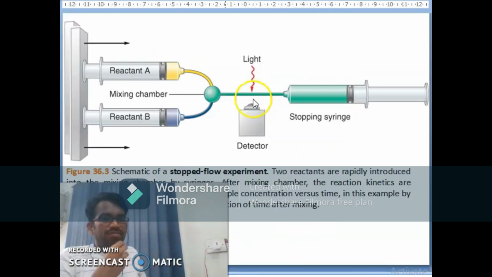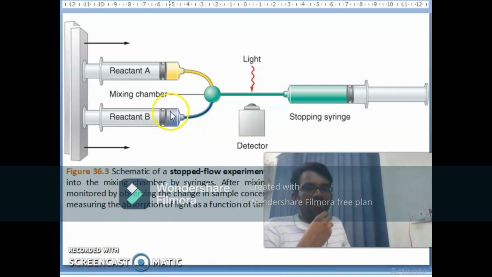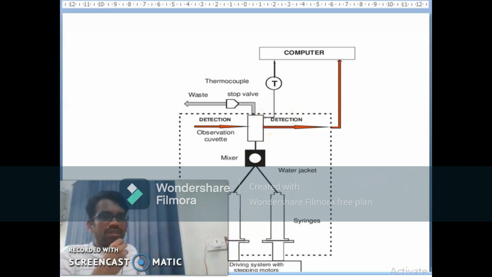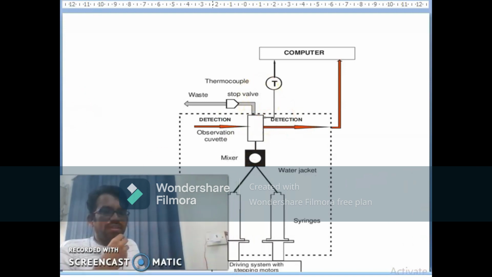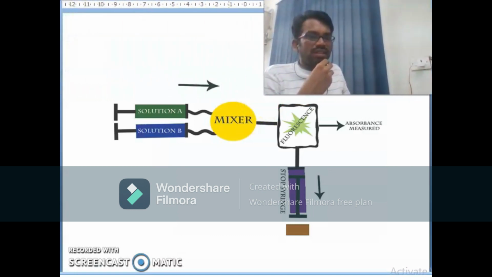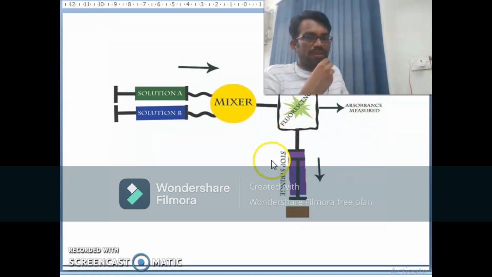You can see the A and B solution mixing chamber, detector, light source, and the syringe of the trigger, the stopping syringe. This is the complete setup of the fixture, with the A and B solution mixture, fluorescence and absorbance measurement, the stopping syringe, and the spectroscopy detector.